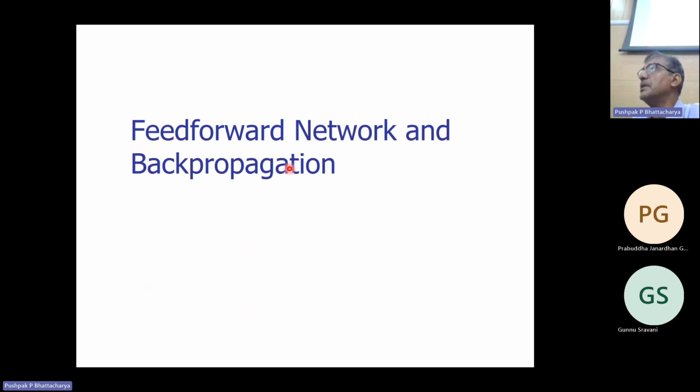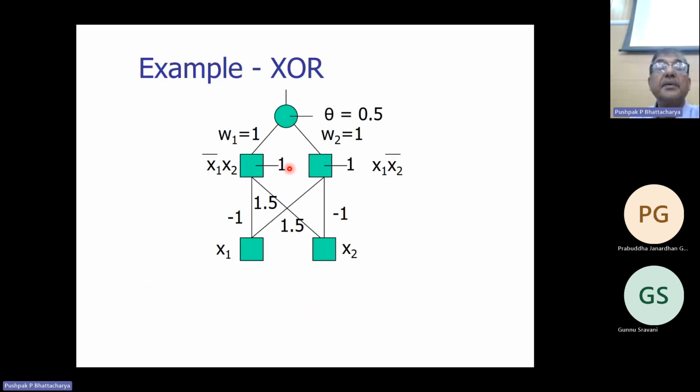So the name should be obvious. It is an assembly of perceptrons which are all put together, connected with each other. So, feedforward network and backpropagation. Let's understand the feedforward network. Now we know that XOR cannot be computed by one single perceptron.